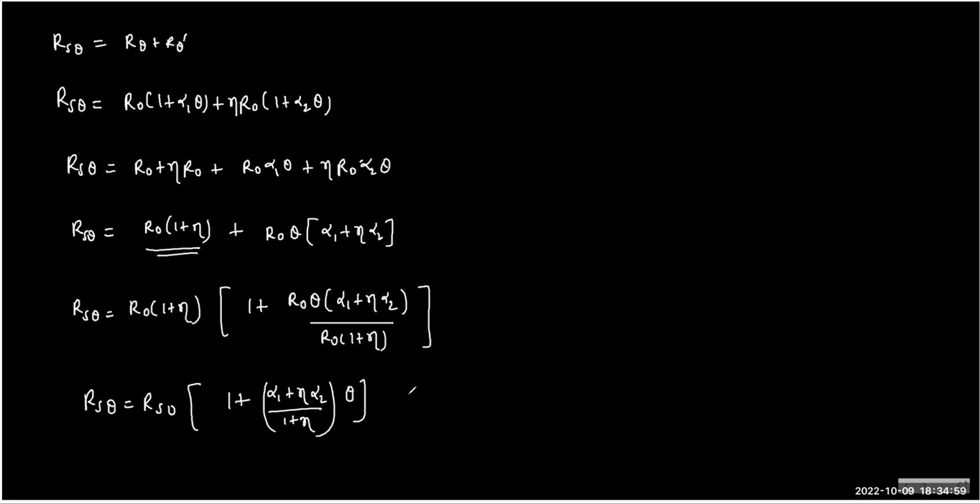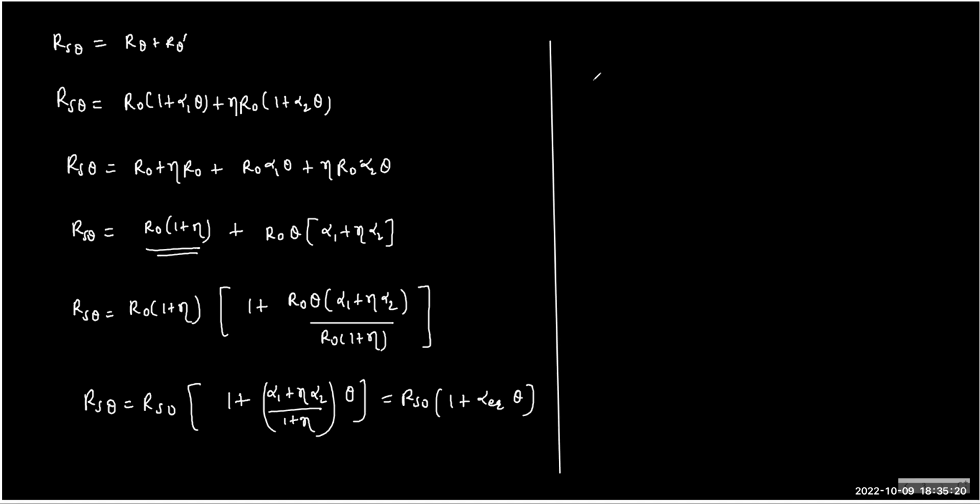Now we know the general formula for any combination: the temperature dependence we write as 1 plus alpha equivalent into theta. So now you can compare. It's easy. You have to write in the format which resembles the actual formula.